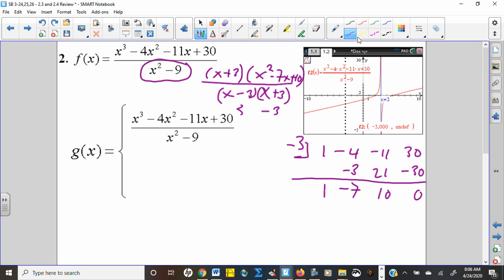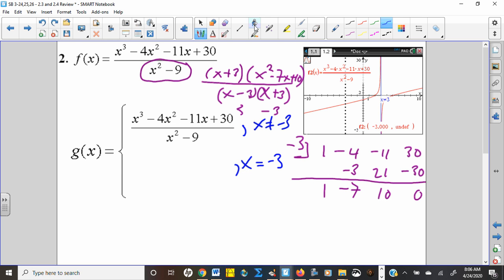Everywhere except for -3. So x not equal to -3. We're okay using this, okay? Now, what if x is equal to -3? That's where we have to plug that hole.